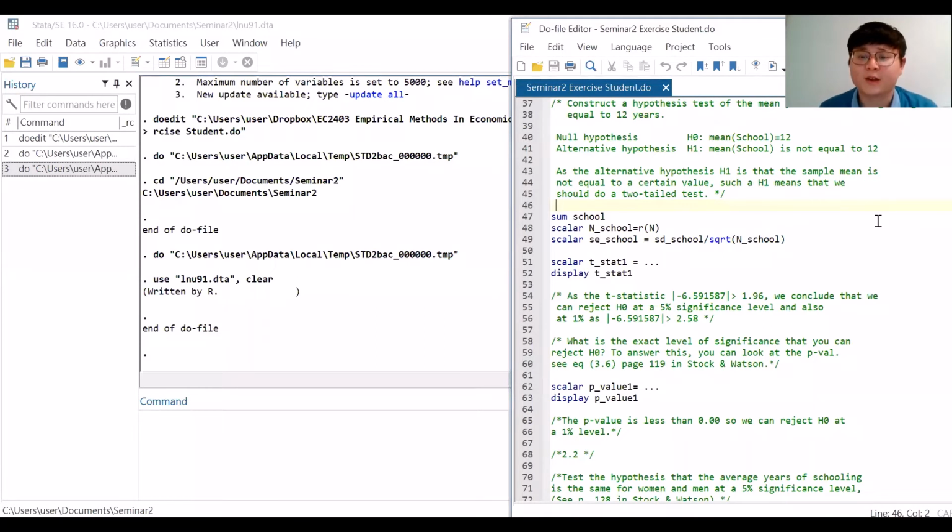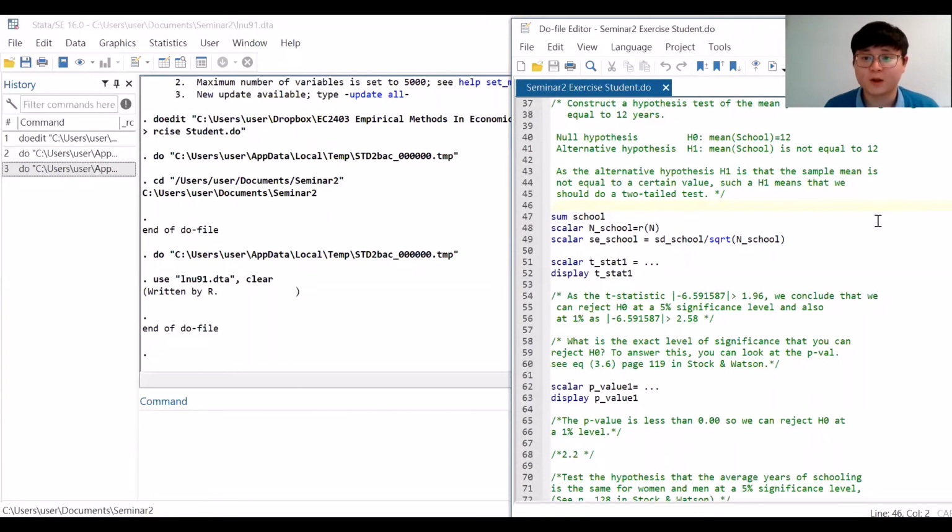By knowing the number of observations and the standard error, we can calculate the t value, the t statistics for this test. And by the t statistics, we can get the p-value, and then we can use this p-value to know whether this null hypothesis should be rejected or not. So this is the whole idea.